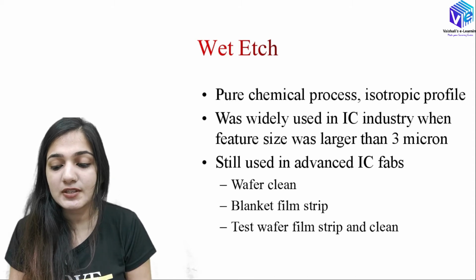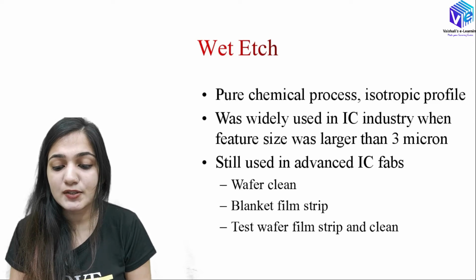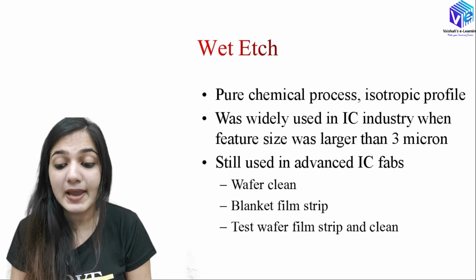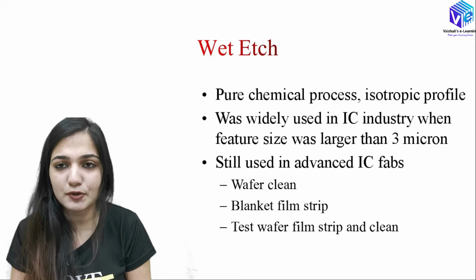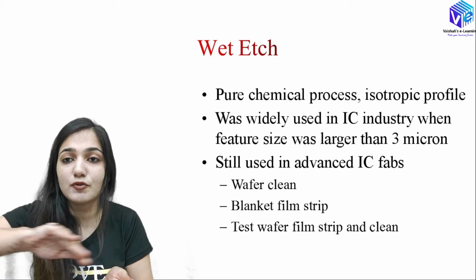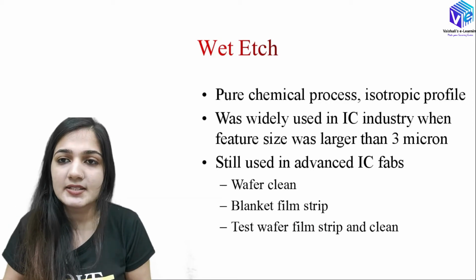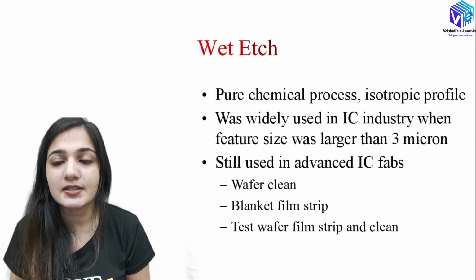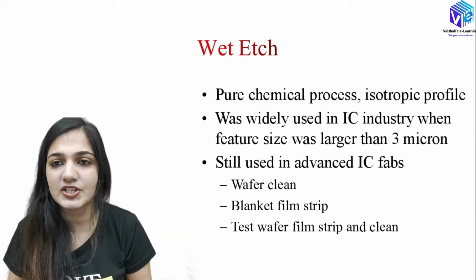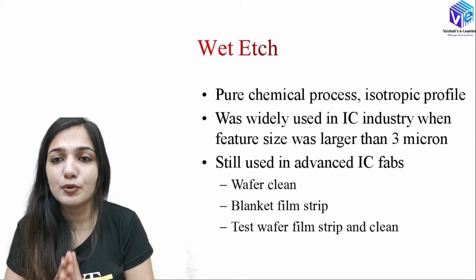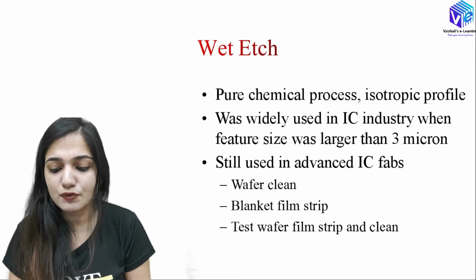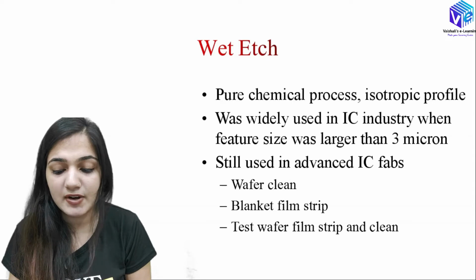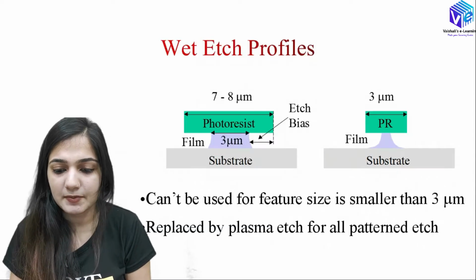It is still used in the advanced IC fabrications for the wafer cleaning for blanket film strip, because there I don't require any feature size. If I want to remove full layer, in that case I will be using the chemical etching. It is the most widely used etching process when I want to do the blanket etch. Okay, it is used for testing wafer film, and it is used for the film stripping and also for the cleaning purposes.